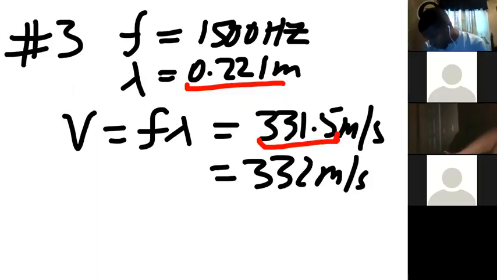Okay, number 5. Show that the speed of sound in 20 degrees Celsius air is 343 meters per second as claimed in the text.